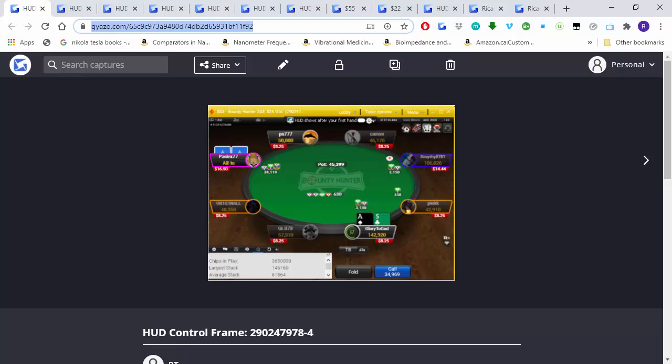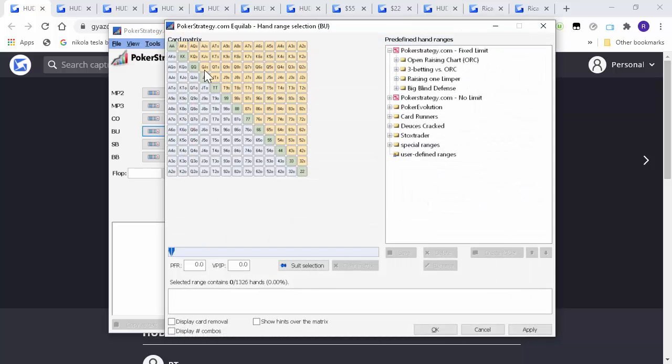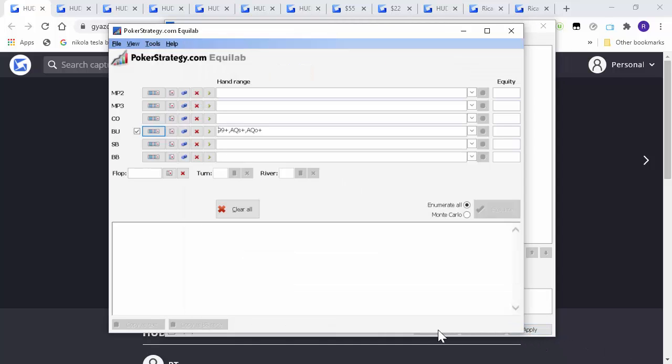Let's just say 9s plus, ace queen. So even I can already tell I'm pretty sure I'm not gonna have enough equity, even with the equity discount. But let's see how much an 11% discount can adjust it.